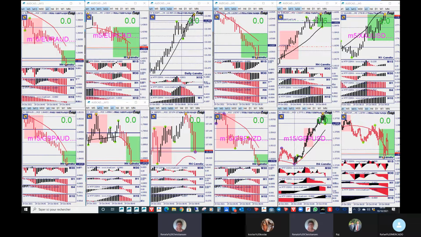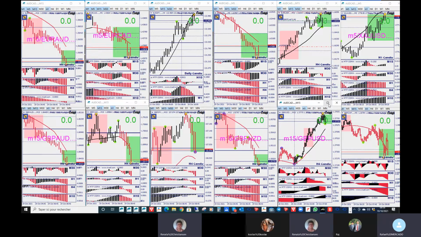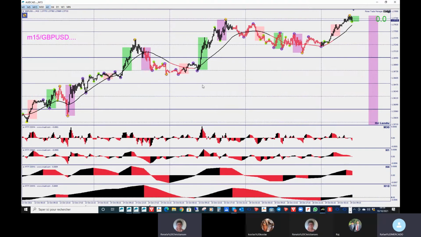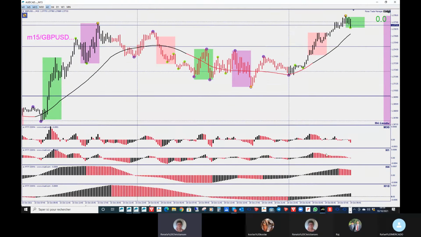Is it the same for the pound dollar too? You set up a sell. No, we are going to wait for the opening of the London session. For the pound pairs, we have a 1 hour crossing the zero line, and the 4 hour made the high of the day.